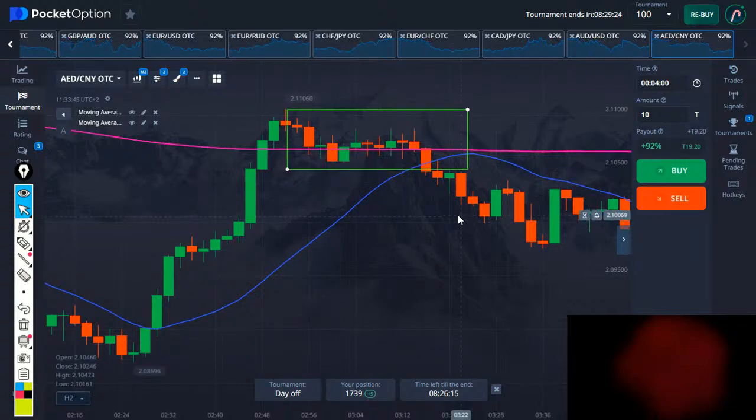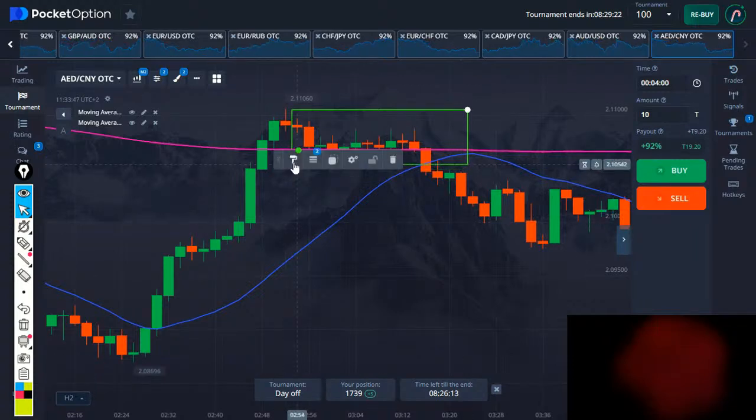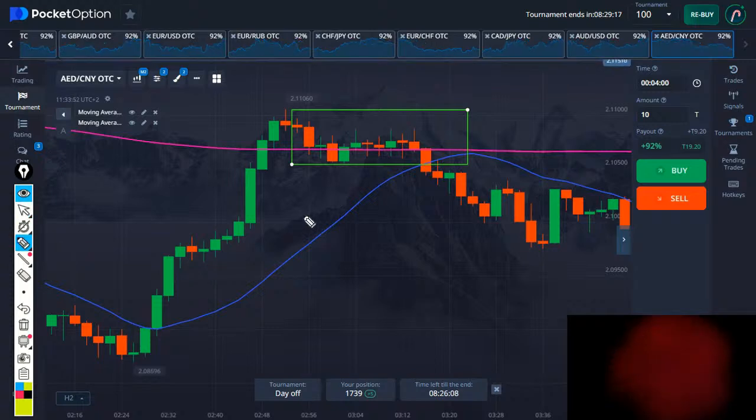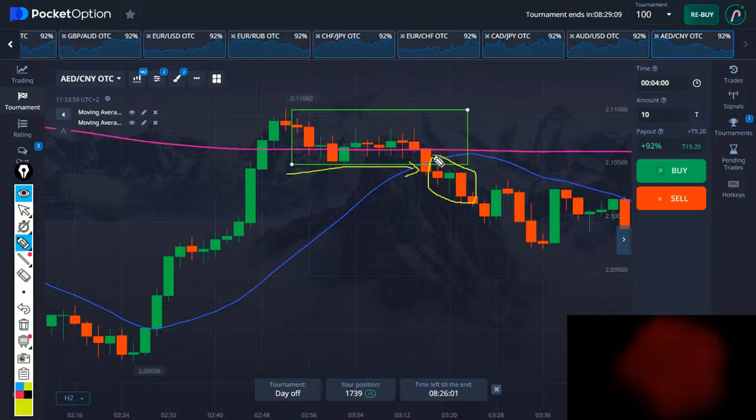Okay. And once you see a strong bearish bar moving out of your magic four, boom, you enter a trade, 4 or 6 minute trade, you have a win. Okay. Very easy, very simple.